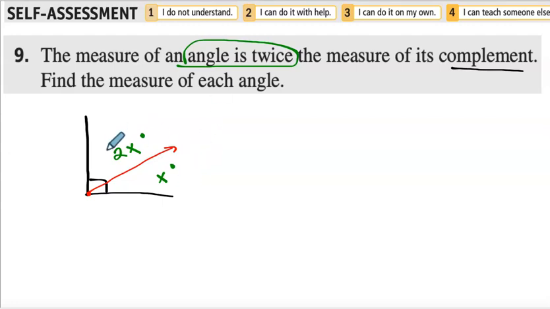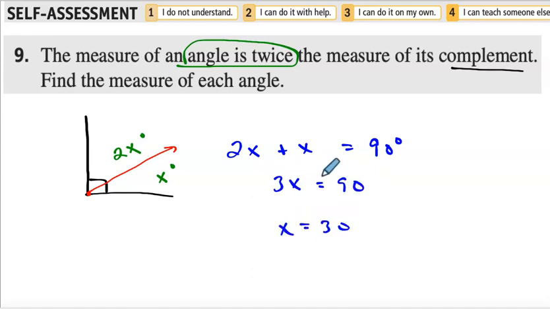So now I know that one angle is 2x, my second angle is x. Both those angles together is 90 degrees, or 3x equals 90, x equals 30. So this one's going to be 2 times 30, or 60 degrees, and this one's going to be 30 degrees, giving me a total of 90 degrees.